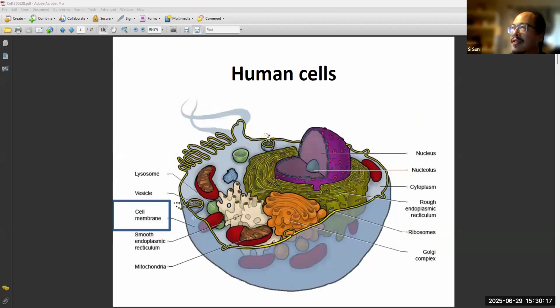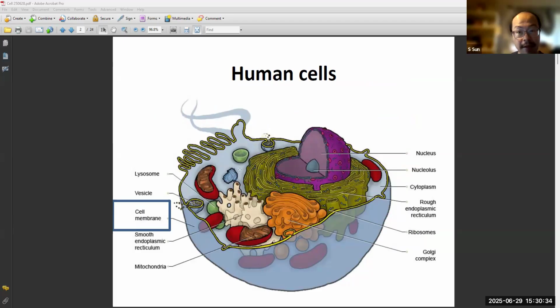People call this one the cell membrane, but you can also call it the plasma membrane. The other membranes right here you call cell membrane because they are in the cell.